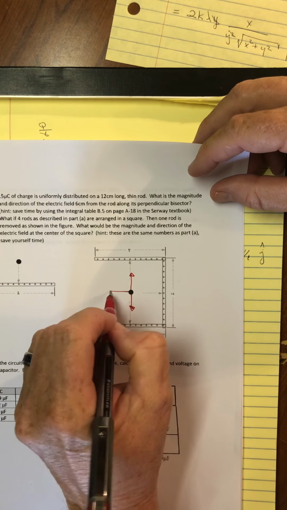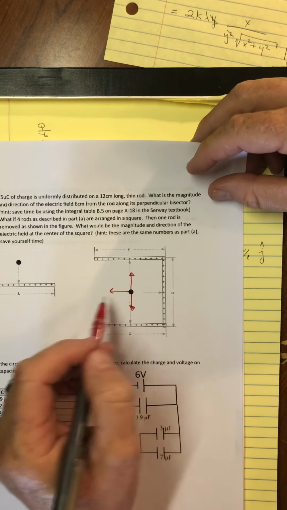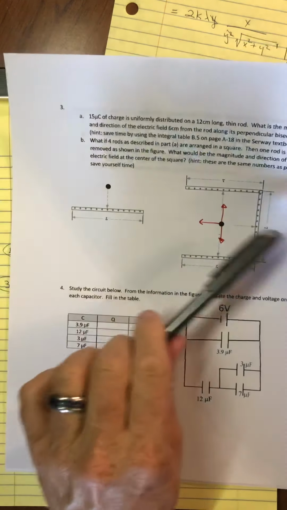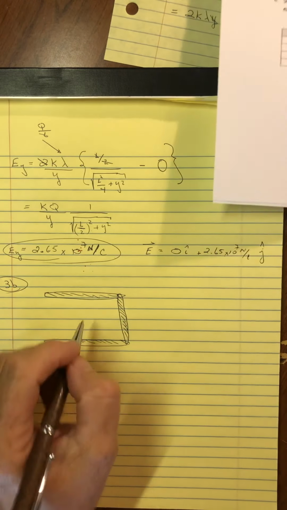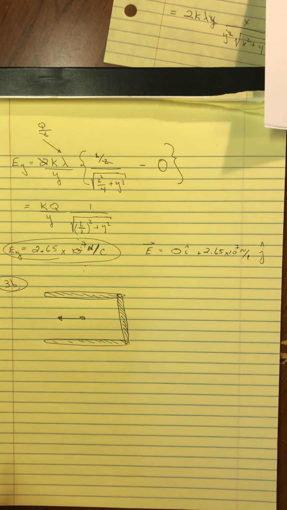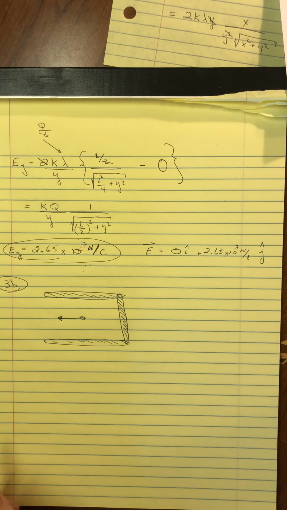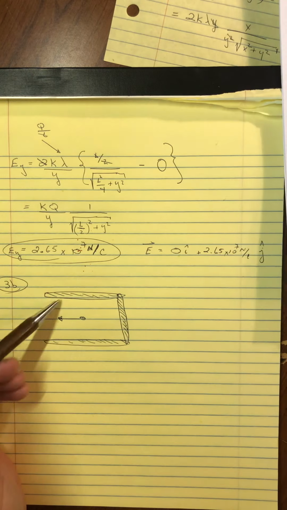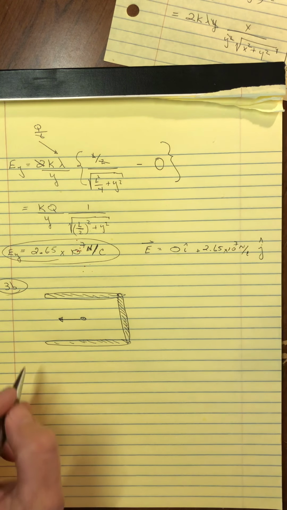And so what you end up getting is the field equivalent of just one rod. And that was then the same numbers. So right here, the field would be just horizontal in the negative direction. That's the result of all 3 of these rods, because top and bottom, 1 and 2 rod cancel off. Only 3 makes anything useful.